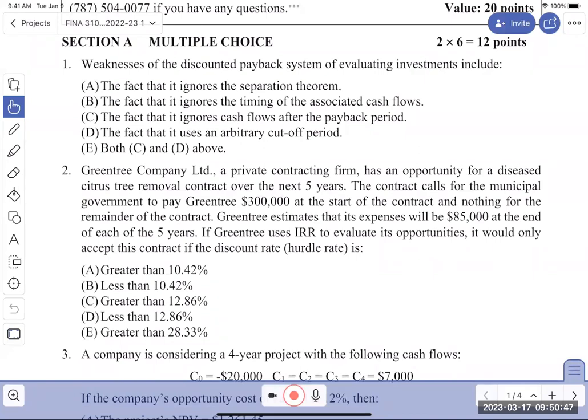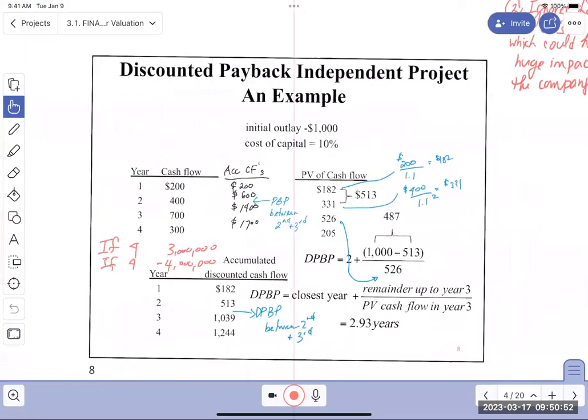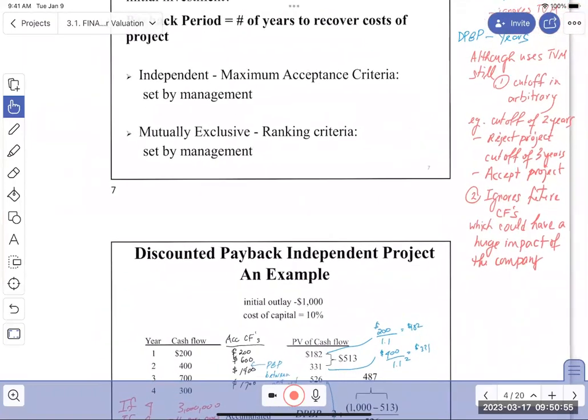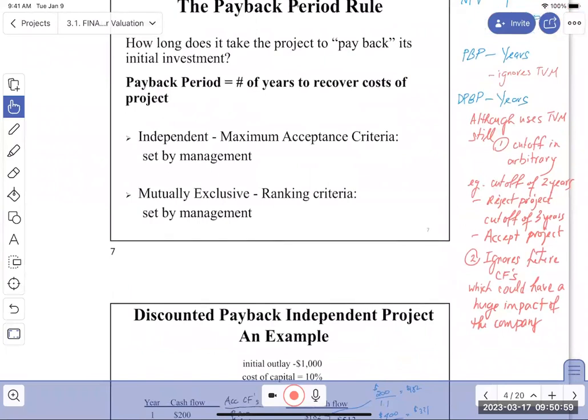Okay, I'll put the notes back. Maybe you want to see the notes. What did I write here? It's right here in red.